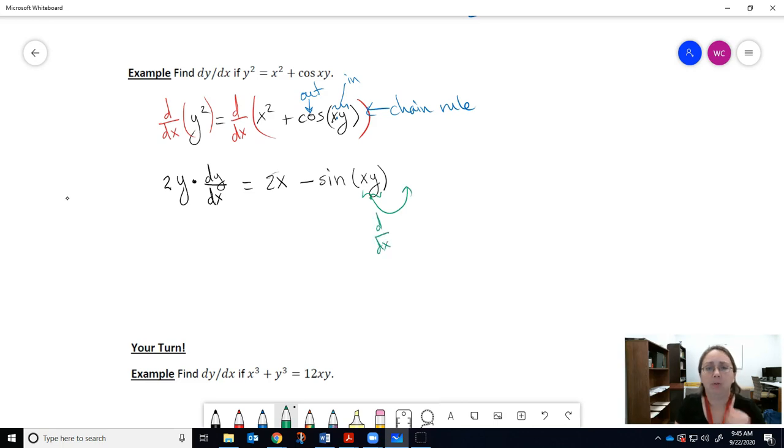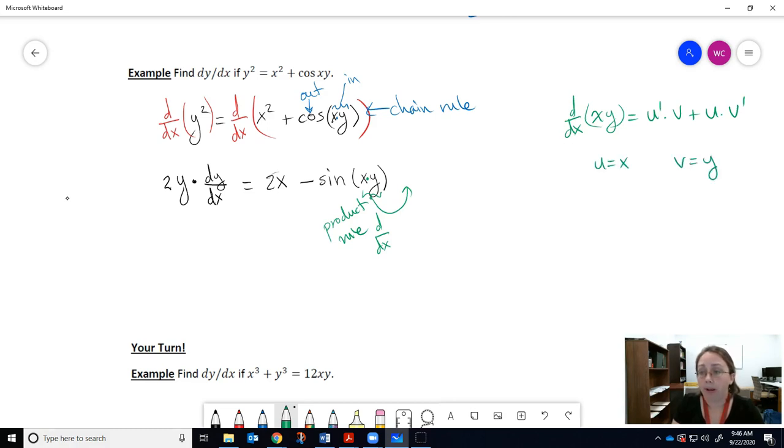Oh boy, how do we do the derivative of this? Well, this is x times y. So we're going to need a product rule here. Let's just take that over to the side here and work that out. So we have an x times y, and we're going to take the derivative of that with respect to x. So we're going to need u prime v plus u v prime. Let's let u equal the x, and let's let v equal the y.